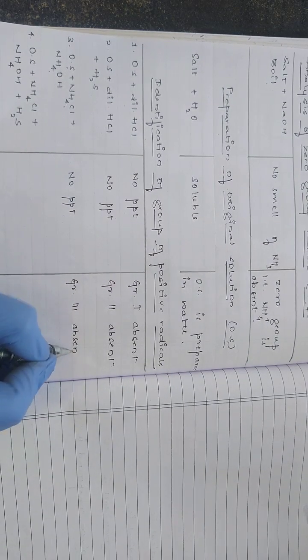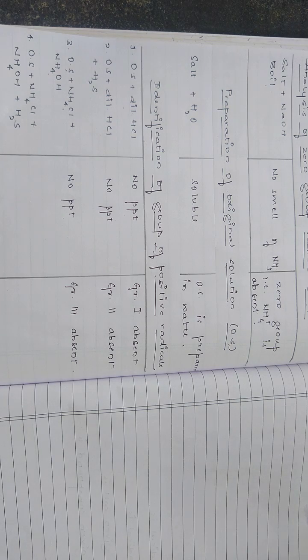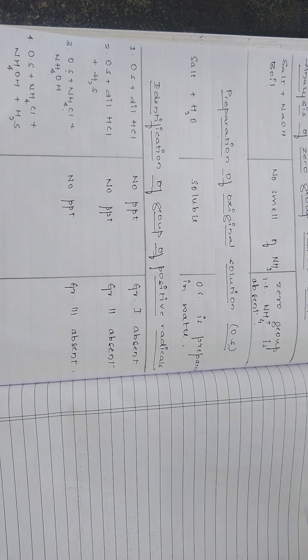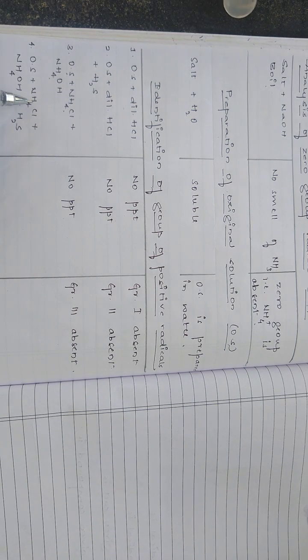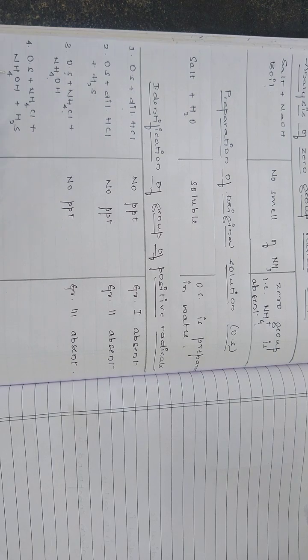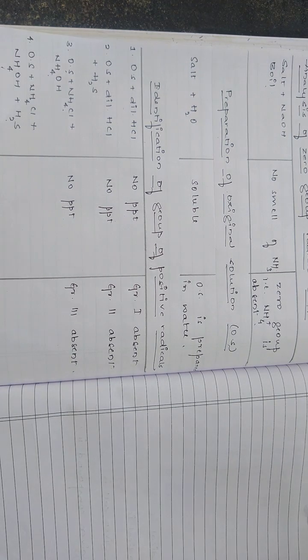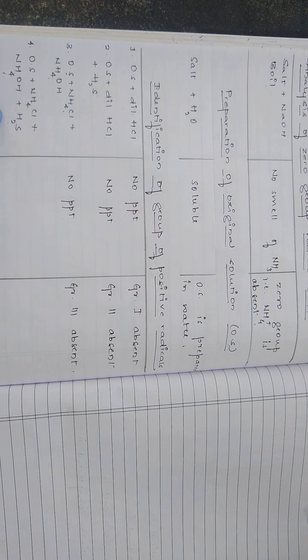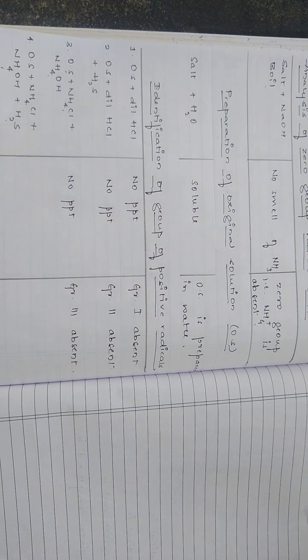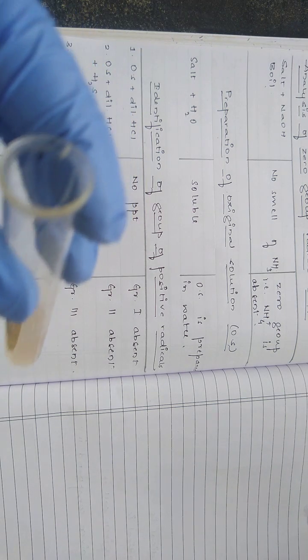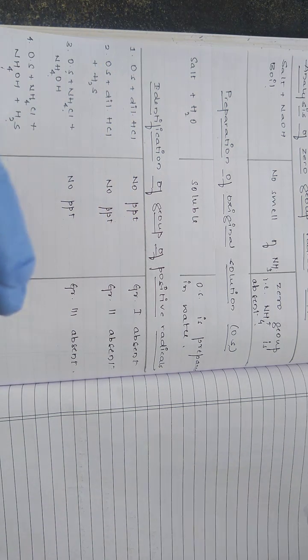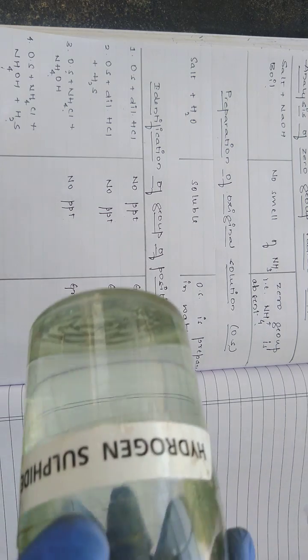Because group 3 is absent, we will go for group 4, and the test that we are supposed to perform is OS plus ammonium chloride plus ammonium hydroxide plus hydrogen sulfide. Whatever test we had conducted for group 3, the only thing we are supposed to add extra is hydrogen sulfide. Look at this.